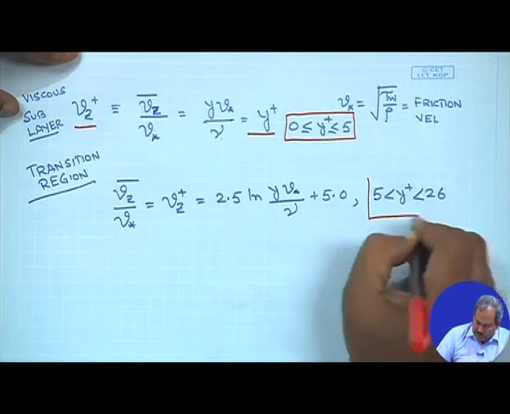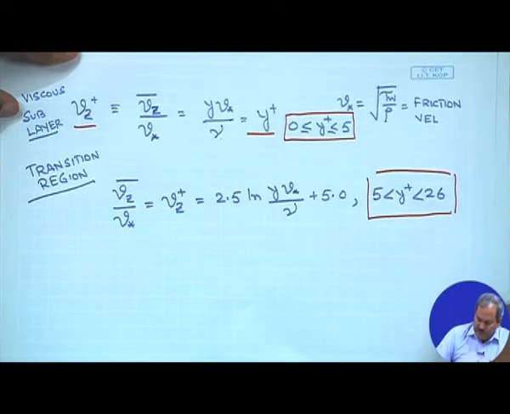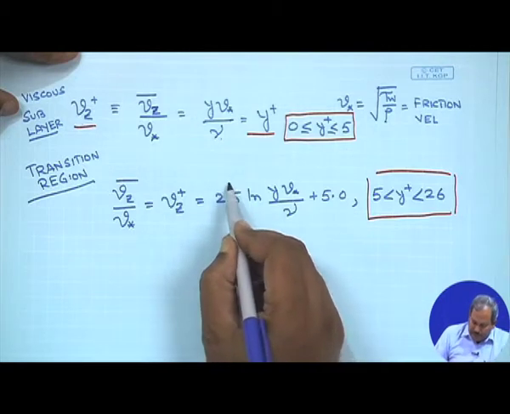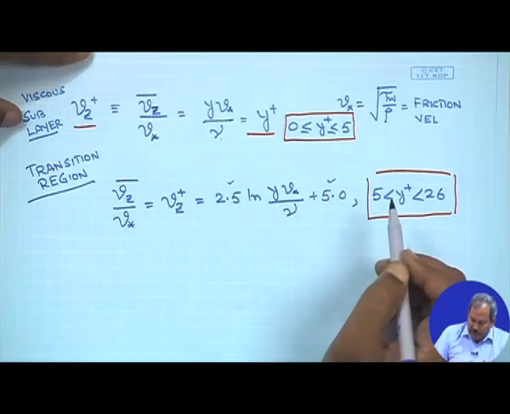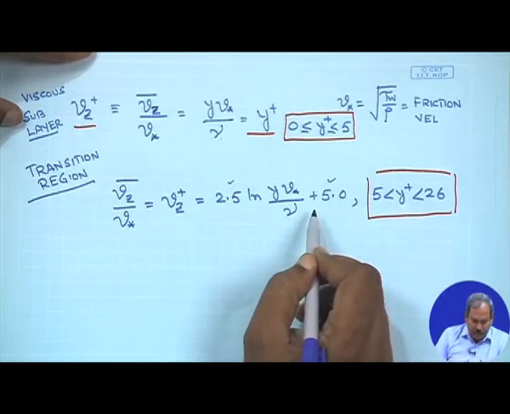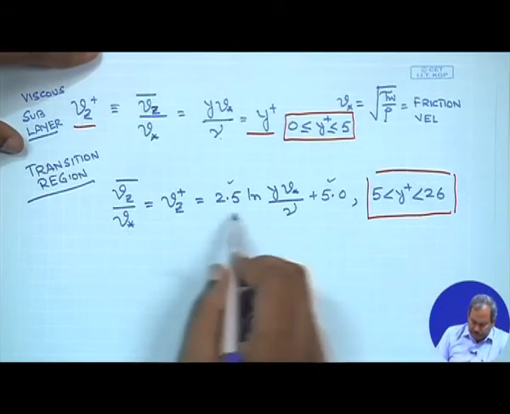So, this expression is obtained semi-empirically, and the constants are derived from a large experimental data set.